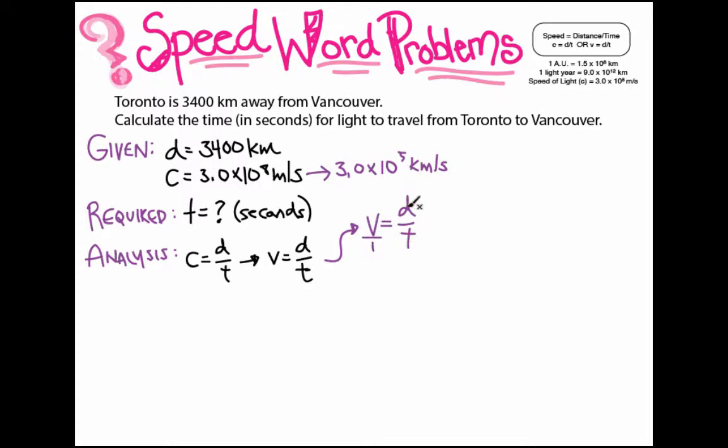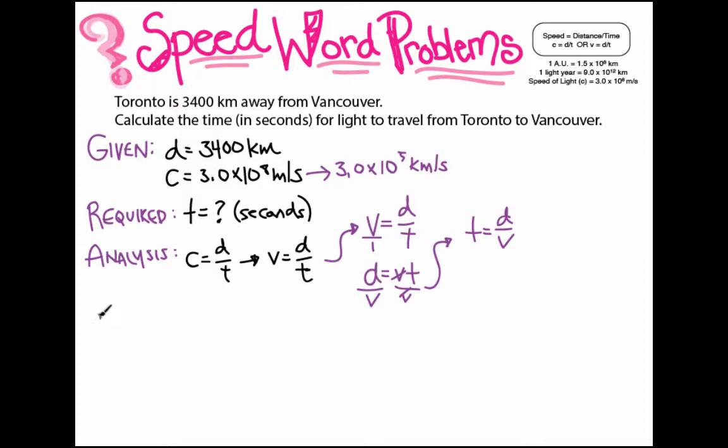If you cross multiply, V times T, D times 1, you would get D equals V times T. Now, if you want to solve for T, which is specifically what our question is asking for, you want T by itself. So to get T by itself, you have to divide by V, and what you do to one side, you have to do to the other. Now your rearranged equation is T equals D over V.